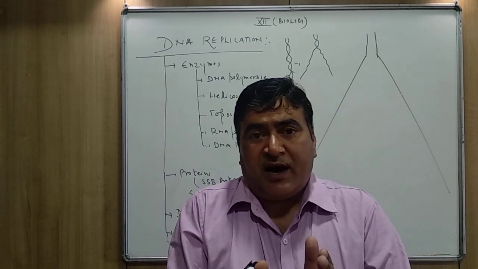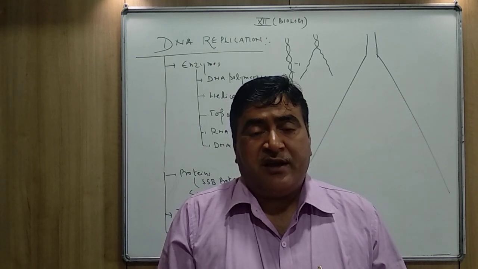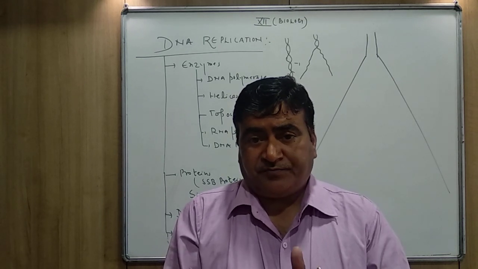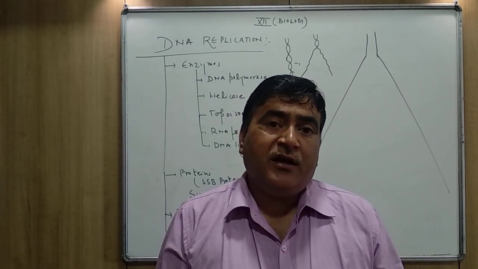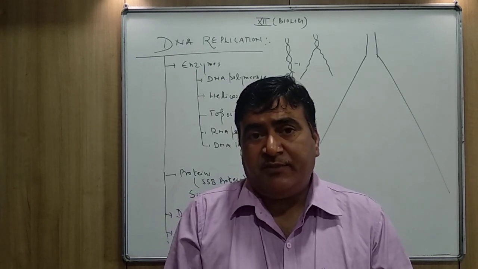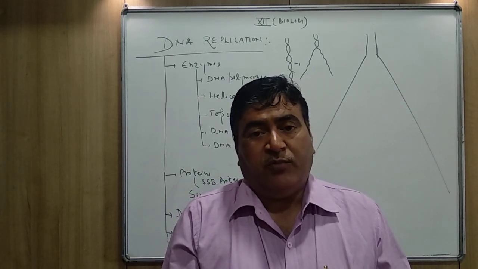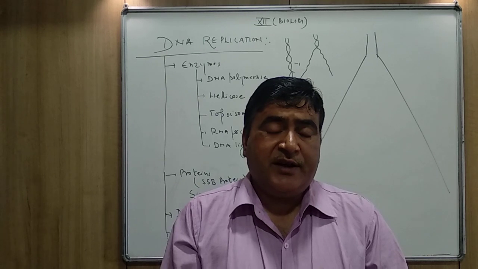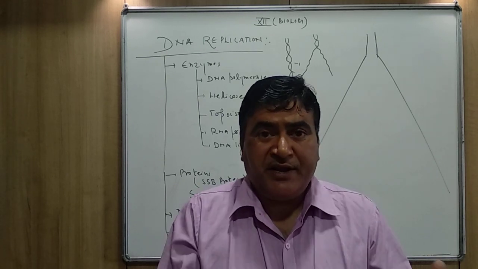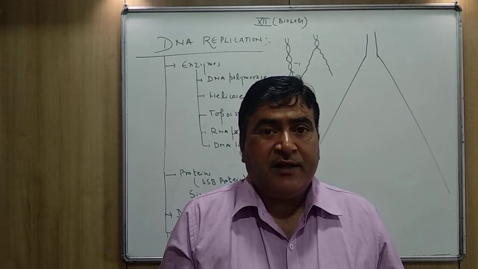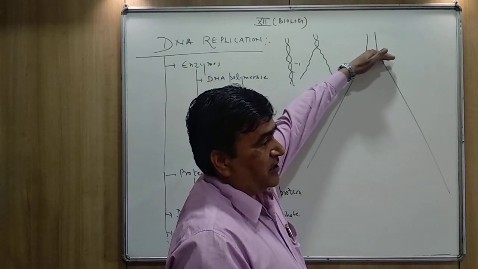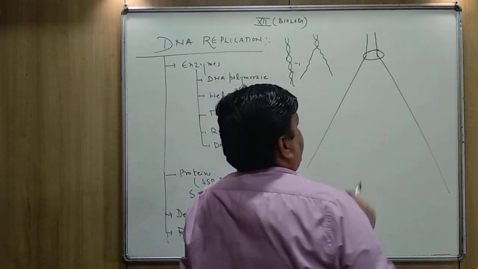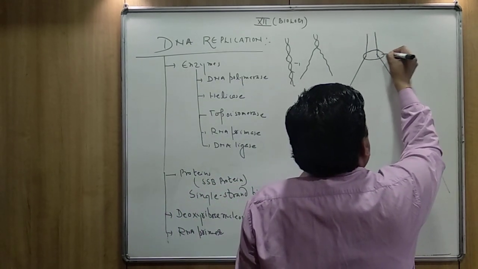It means the hydrogen bonds between the nitrogenous bases are broken, and due to the breakdown of the hydrogen bonds, both the strands of the DNA molecule are separated, and it makes a replication fork. It's very, very important. So a particular enzyme is required. The name of this enzyme is helicase.